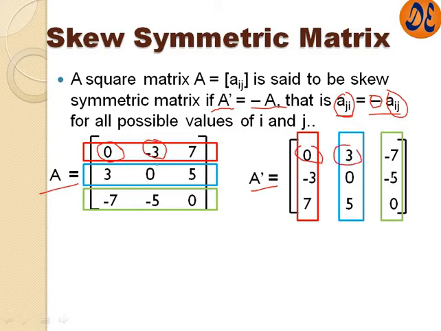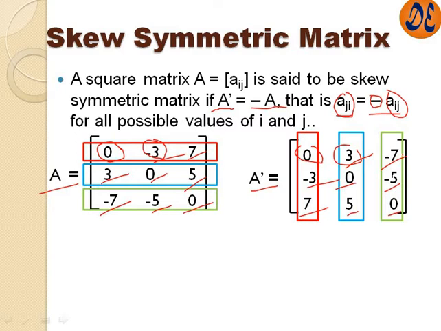That means if -3 is multiplied by -1, it will be 3. Again here it is 7, it is -7. It is 3, it is -3. It is 0, it is again 0. It is 5, it is -5. -7, it is 7. -5, it is 5. It is 0, and it is again 0. So here you see each and every element has changed its sign. Position is the same, but the sign is changed.